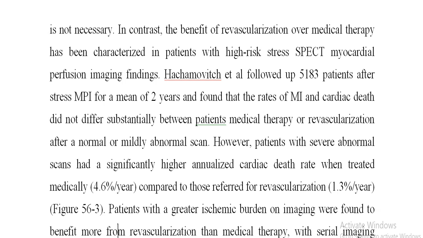The annualized incidence of cardiac death, A, and MI, B, is displayed for patients treated medically, solid columns, and those undergoing revascularization, gray columns, with respect to the myocardial perfusion imaging scan result. Annualized cardiac events were low, 1%, in both groups with normal SPECT studies. However, event rates increased with respect to the degree of SPECT abnormality.